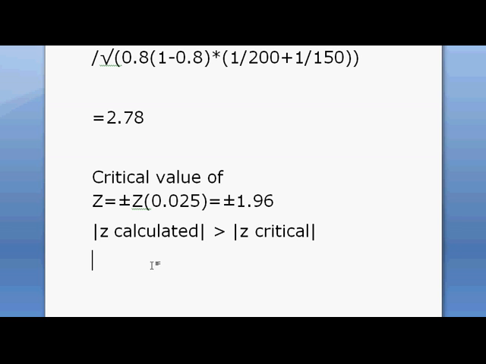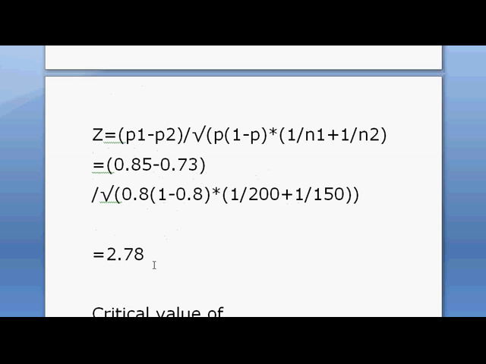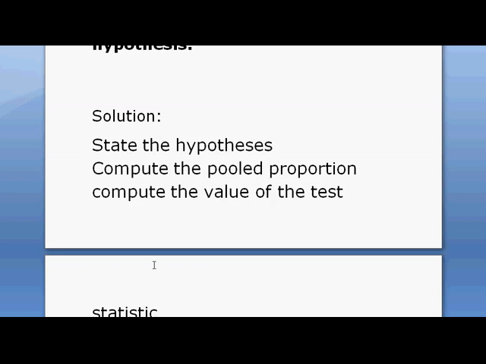So 2.78 is greater than 1.96. Hence, we will reject the null hypothesis. So, the proportions are not equal.